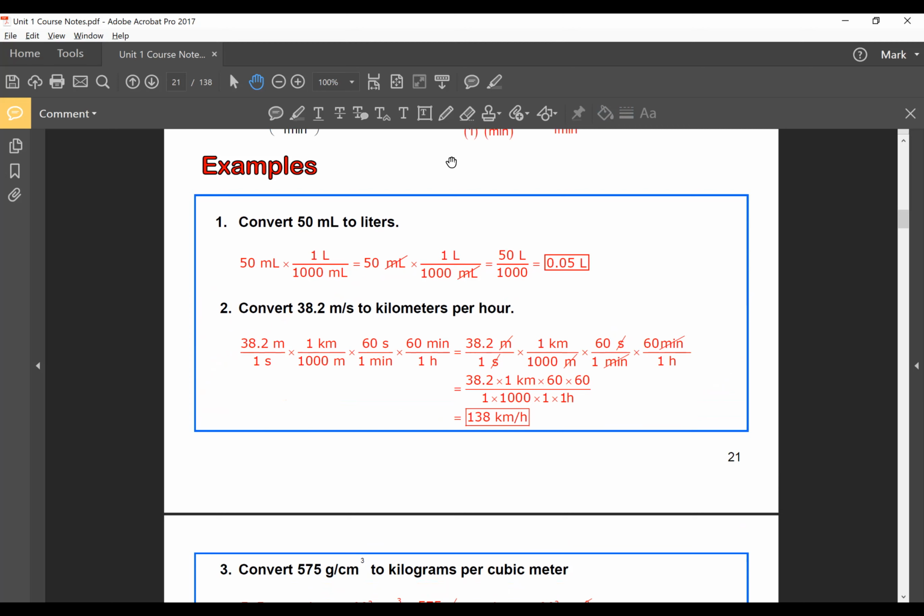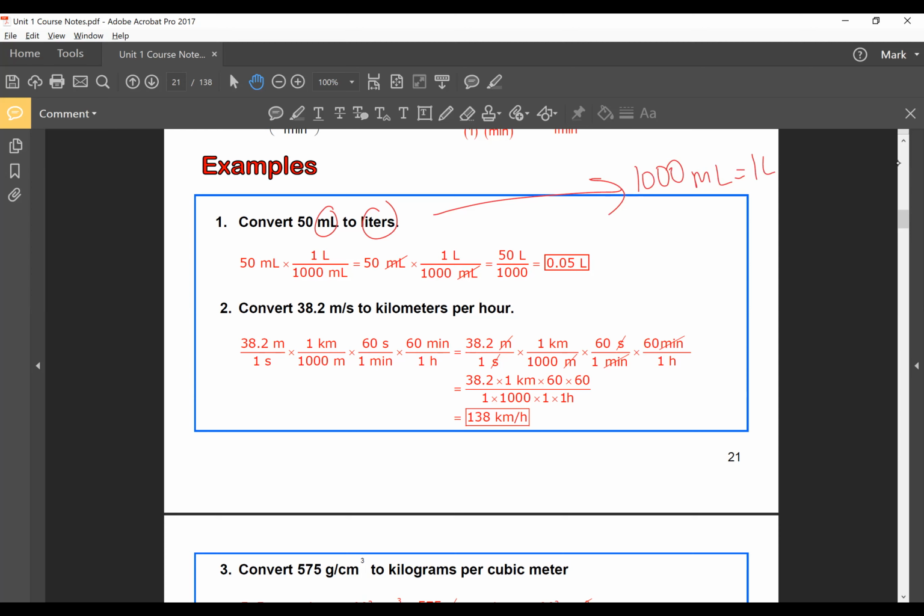Question number 1 is very simple because we are just going from milliliters, the prefix milli, to liters. I know my conversion factor, my relationship between milliliters and liters: there's 1,000 milliliters in 1 liter.